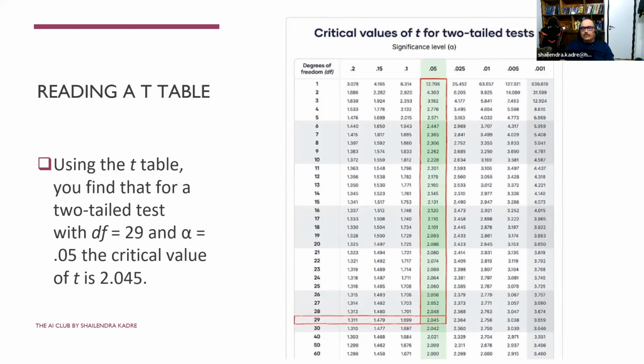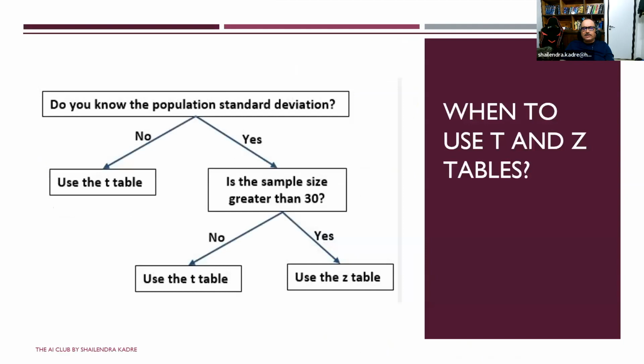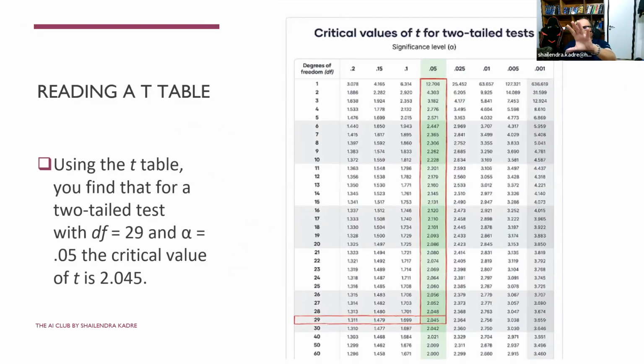Is it understood? Is there any problem? We'll use the T statistic in two cases: when the sample size is less than 30, and when the population standard deviation is not known, then we'll go for a T distribution. In most cases, to solve problems of the student T distribution, whenever your sample size is less than 30, we'll use this T table.